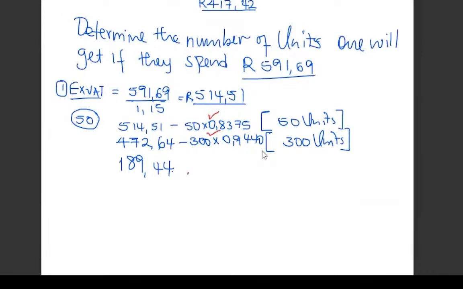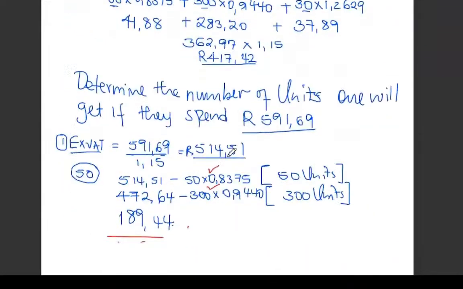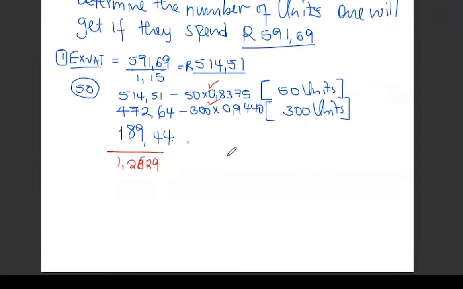What is here? So I need to divide this by 1,2629. This one here that you see here. So when I divide my answer by 1,2629, I end up having 150,00.